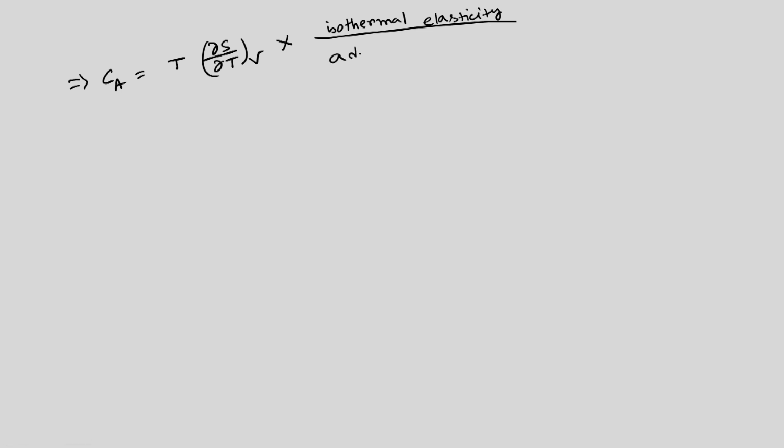So, we can write Ca equals T times del S by del T at constant volume times isothermal elasticity by adiabatic elasticity.